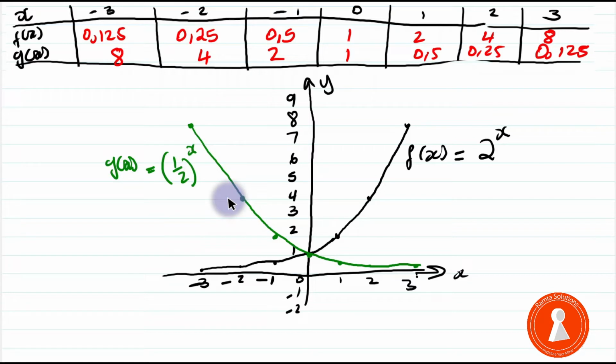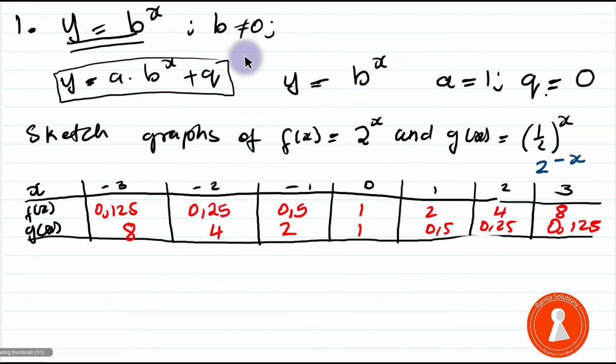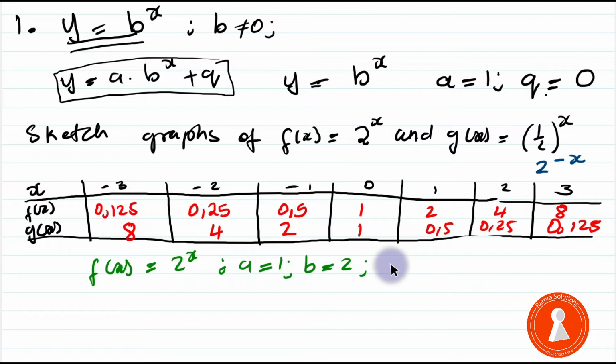So something that I want you to see, let me go to the previous page. Here with f of x, f of x equals 2 to the x. a is 1, b is 2. Obviously for this example q is 0.